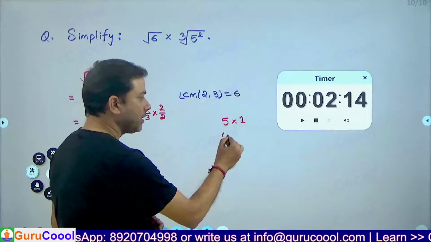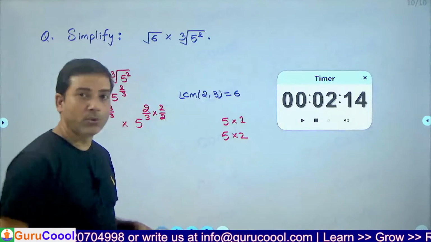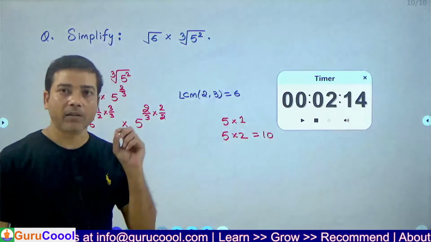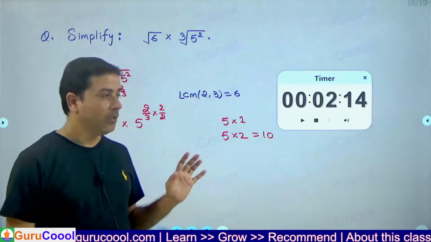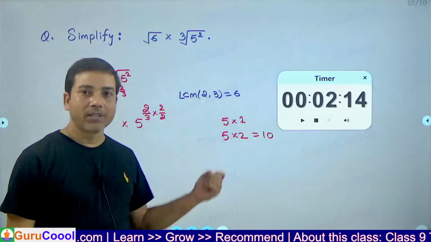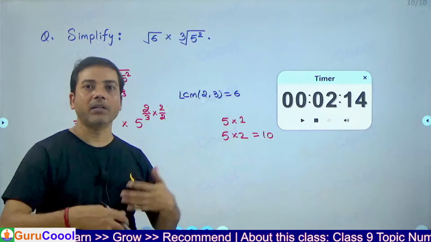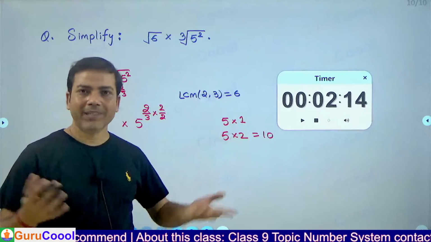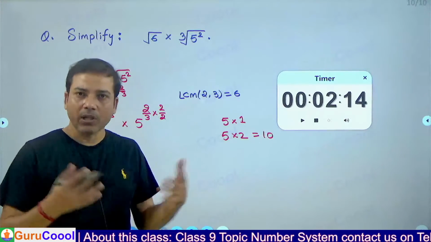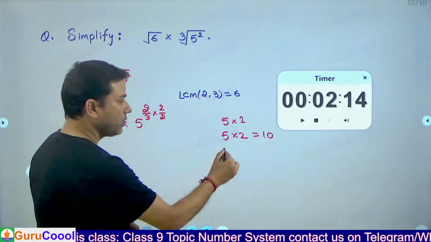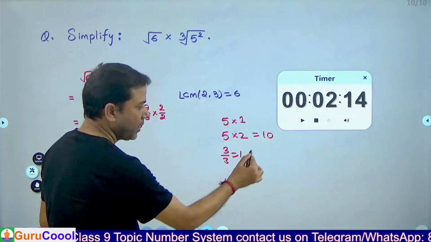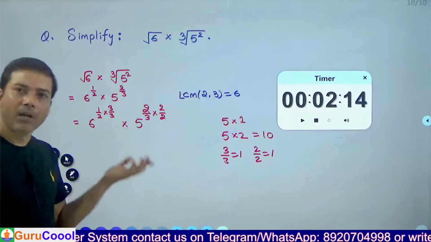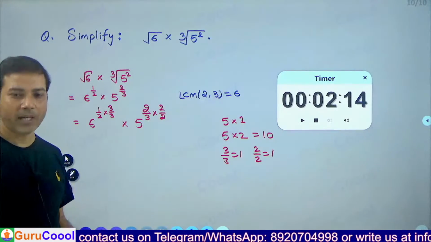If I multiply with 2 and change the number, then of course it is not valid. Someone can question my work, saying the original number was 5 but I made it double. But if I multiply with 1, no one can question my work because I did not make any change. 3 by 3 is also 1. 2 by 2 is also 1. So I multiplied with 1. It's valid. I did not make any change.